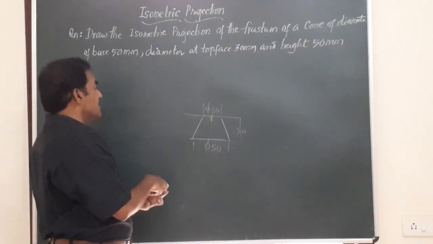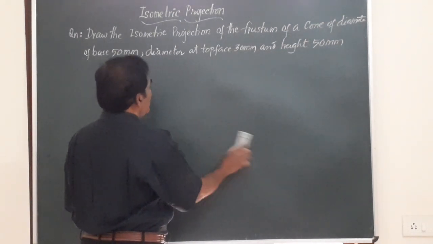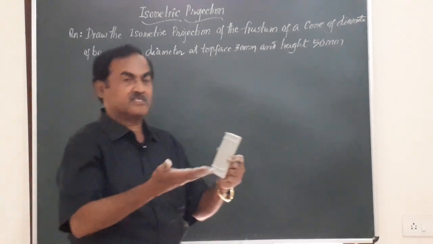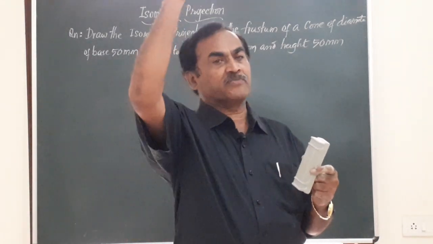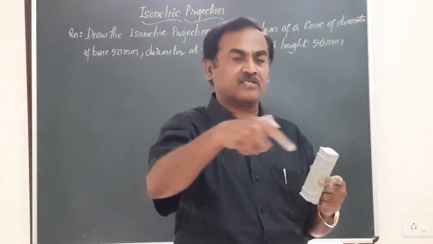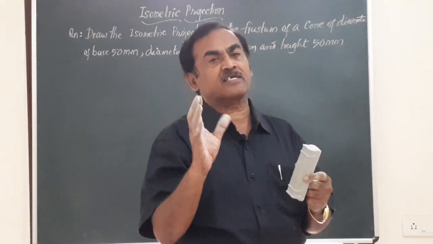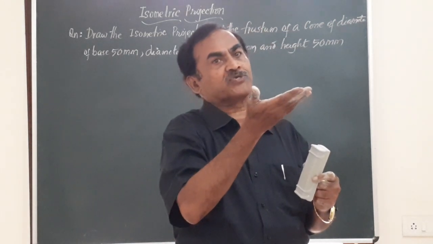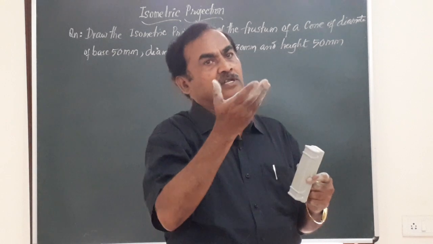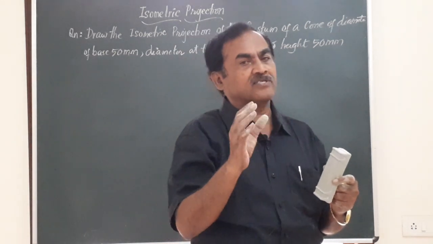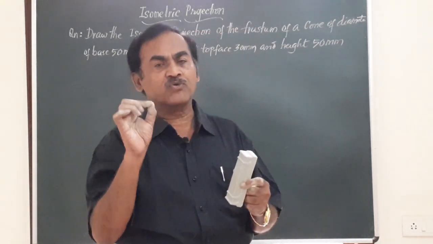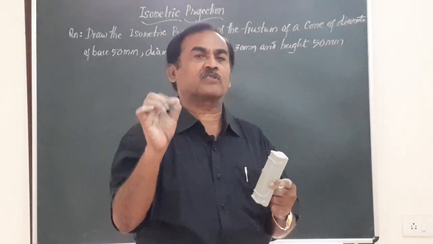So, let us see how to start this. Friends, you know very well, whenever this cone is seen from the top, you see the complete base of the cone in the form of a circle. Again, we have removed the portion from the vertex downward, and hence in the top view you are going to get two concentric circles for all the frustums.